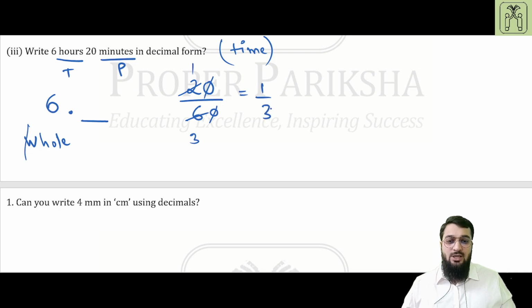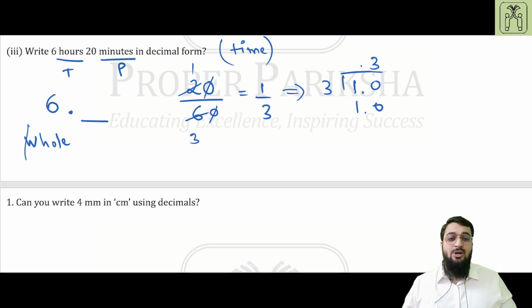And 1 upon 3 can be written in decimal form. How? It can be written this way: 1 over here and 3 over here. After that, you can see that 3 will not go into 1, and therefore a decimal point will be added, 0 will be added, and both will be translated below. Now 3 can go into 10 how many times? 3 times.